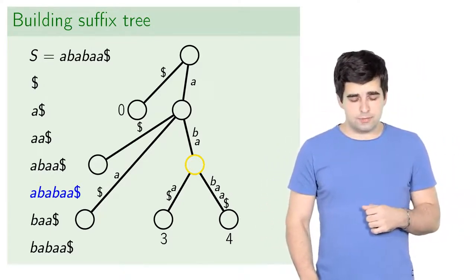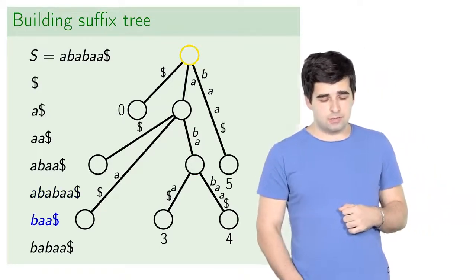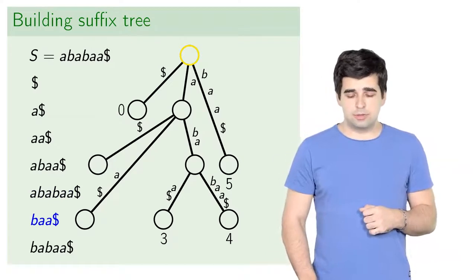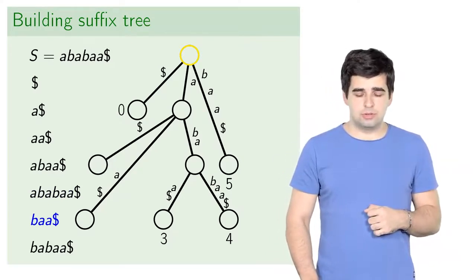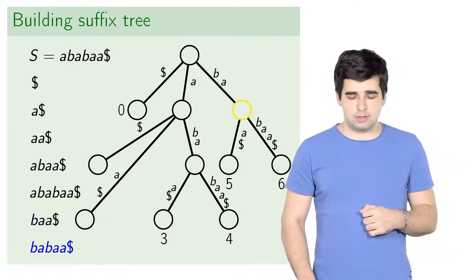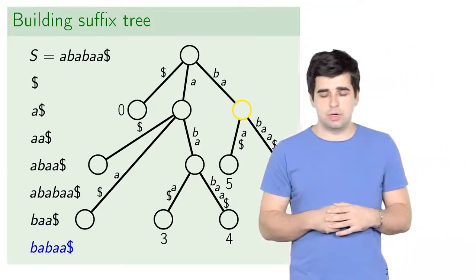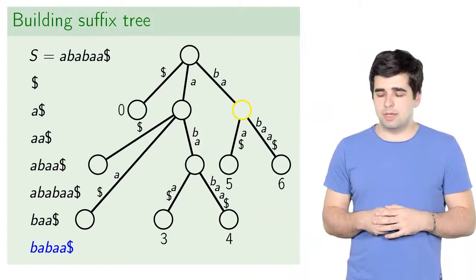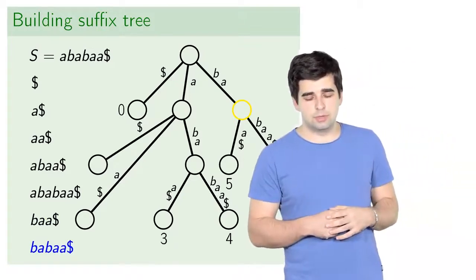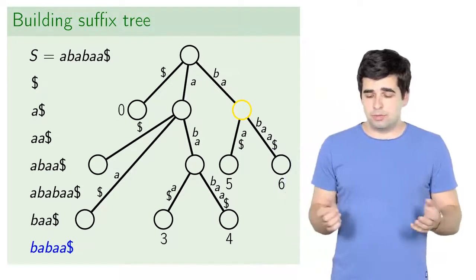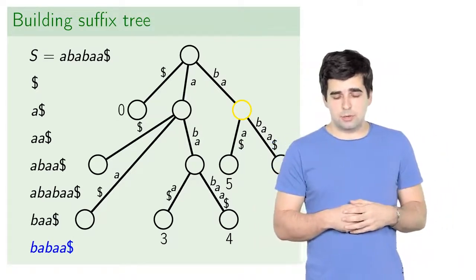Then we consider the suffix $. It doesn't have any common prefix with the previous one, so it starts from the root and goes into the new node. And then the next one has a common prefix with it, BA, so we create a new node after BA, subdivide the edge, and create a new leaf node for the last suffix with the edge BAA$. So this is basically what is going to happen.